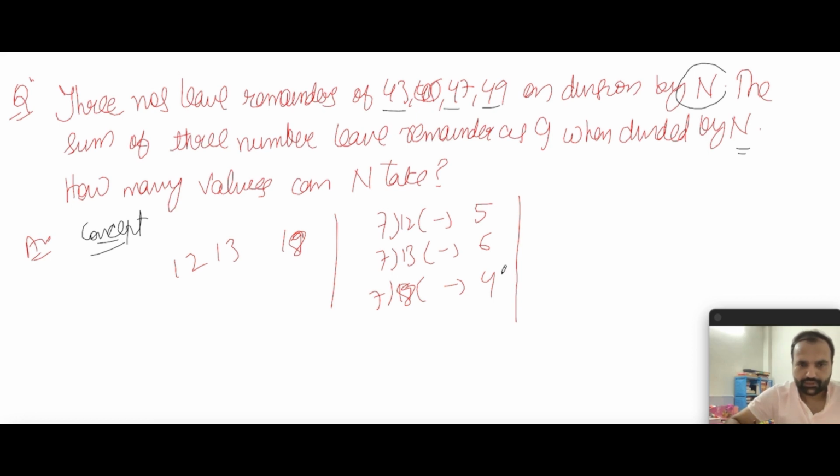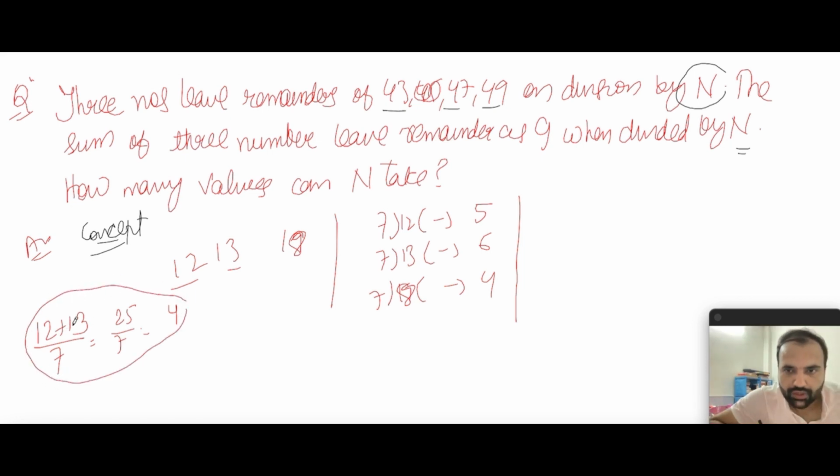Now just remember that the remainders upon division by 7 of these numbers are 5, 6, 4, okay? Now if I try 12 plus 13 by 7, what do I get? 25 by 7. And what do I get as a remainder? I get remainder as 4, okay? Now add two numbers and then take the remainder.